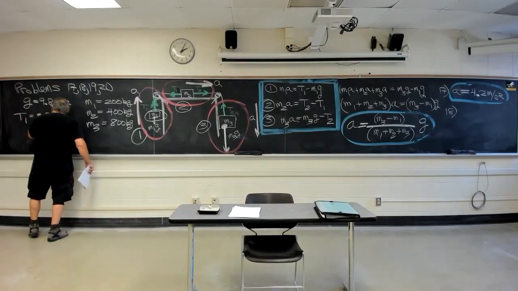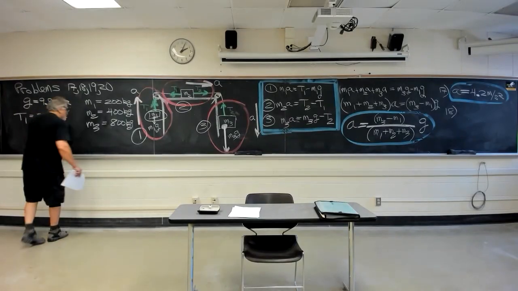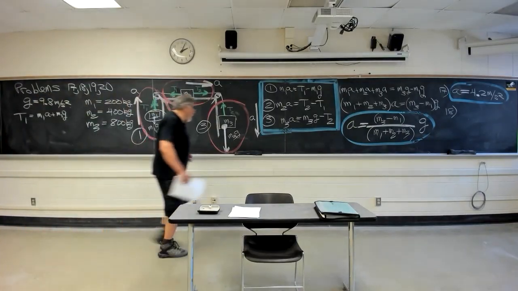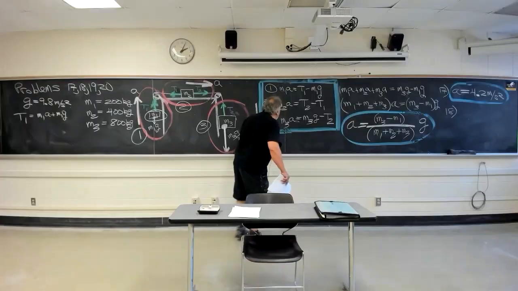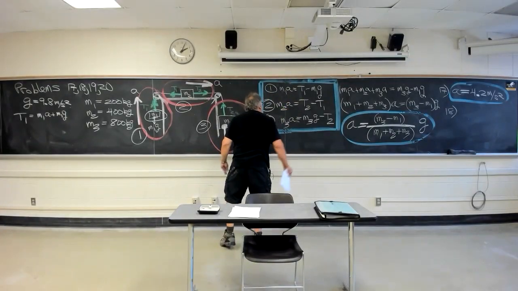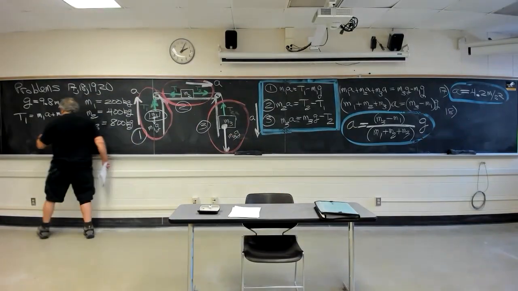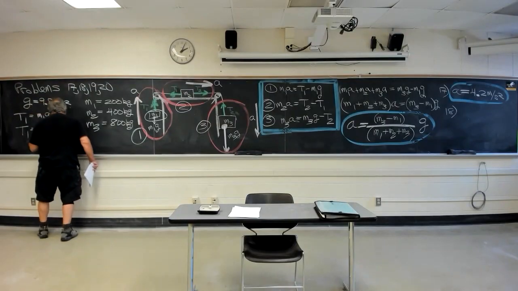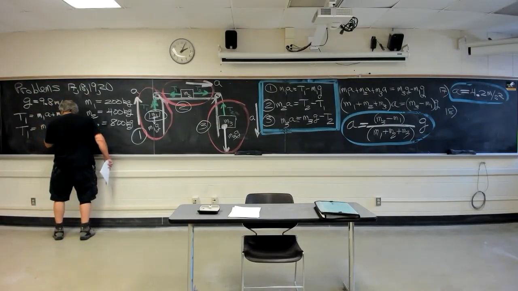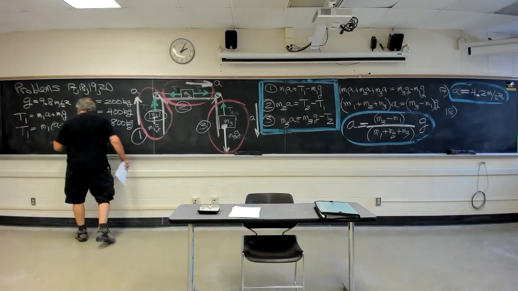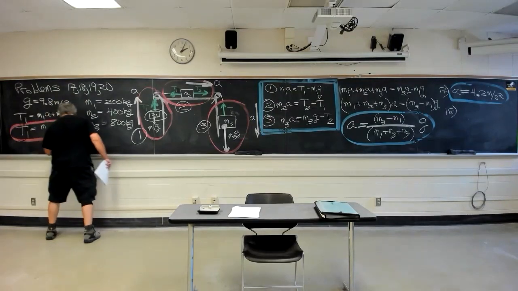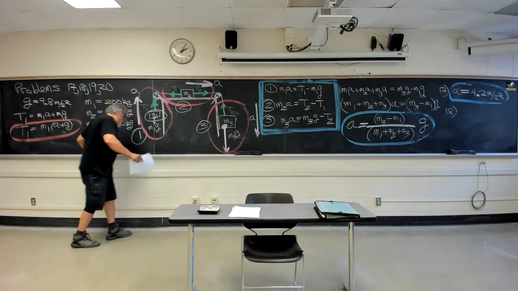I took equation number 1 and added M1G on each side, and I get T1 is equal to M1A plus M1G. Can this be written like this? Factor the M1 out, and you got this. I think it's a little easier to look at. This is how you write the formula for T1, because they're going to ask us that.